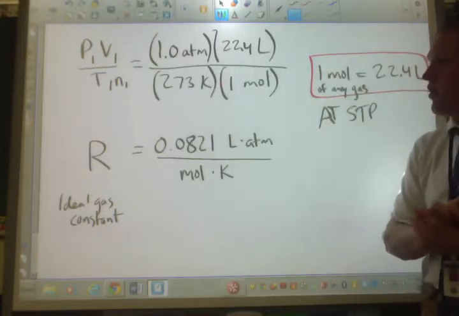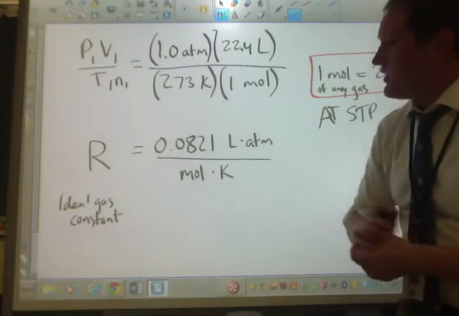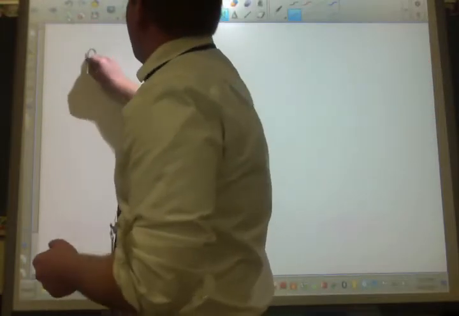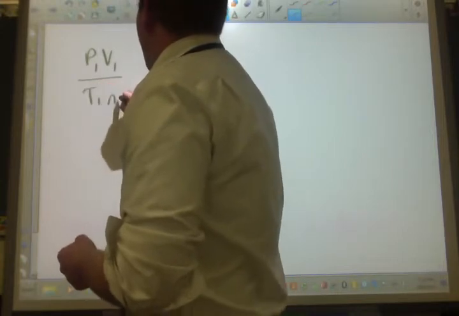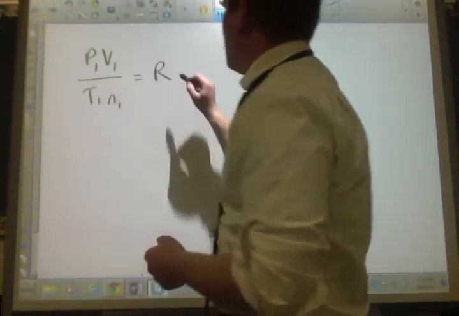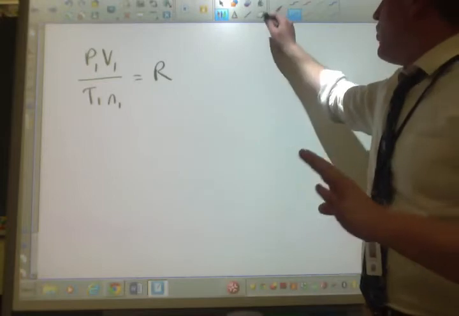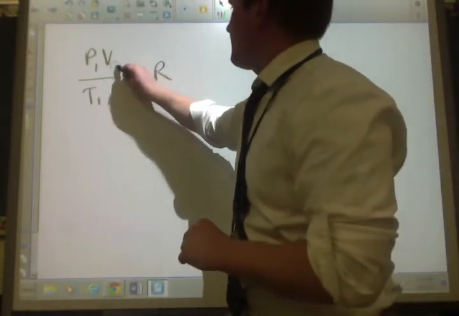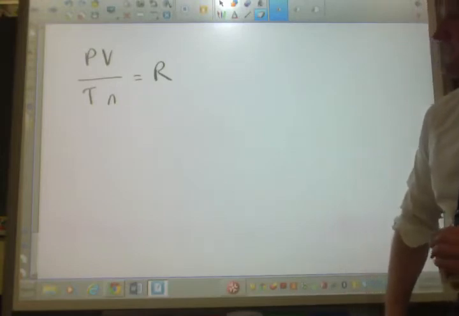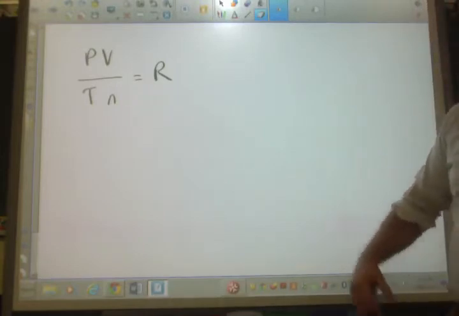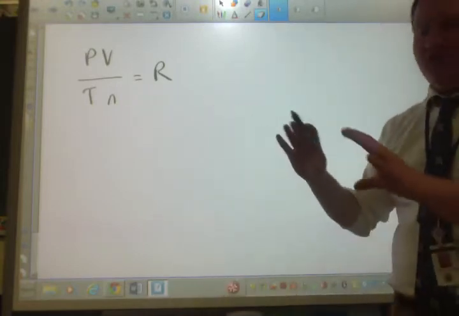Okay? So we're going to put all this together, and we're going to say P1 V1 over T1 N1 equals R. But in this case, we don't even need the ones because we're not changing anything. So it's PV over nT equals R. Now this is the ideal gas law, but it's usually not written like this.